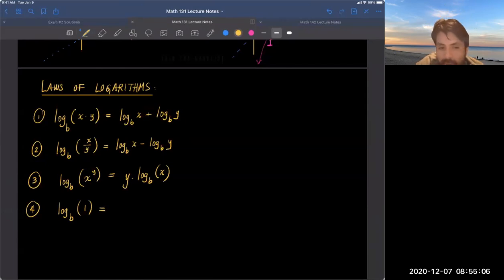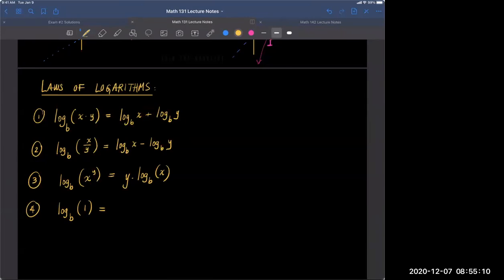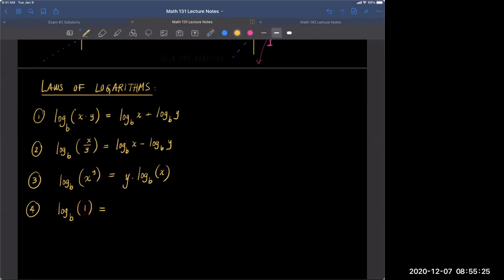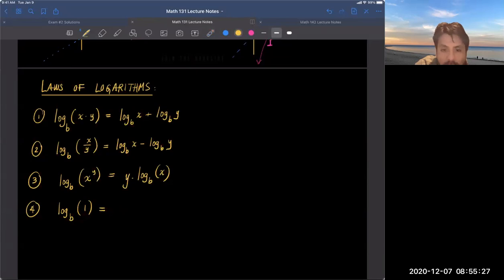What is this equal to? Isn't it equal to the base? Remember what this logarithm means. It means what is the exponent that I have to raise b, the base, to, so that I get 1? 0. Log base b of 1 is 0 always.